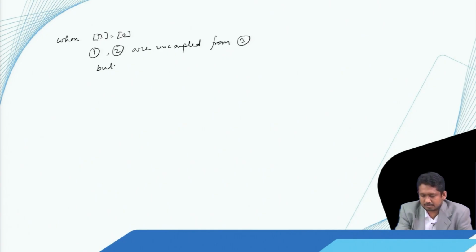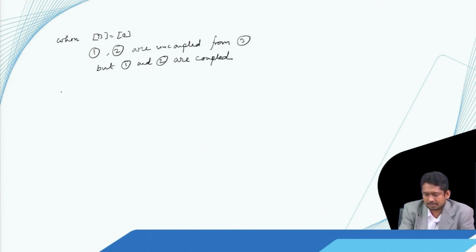but 1 and 2 are coupled. And when the B matrix is non-zero, then 1, 2 and 3 are all coupled.